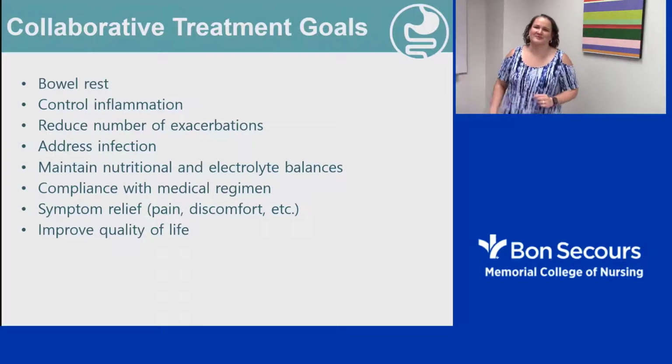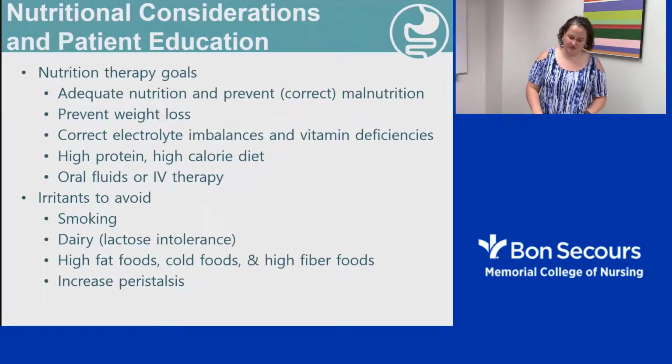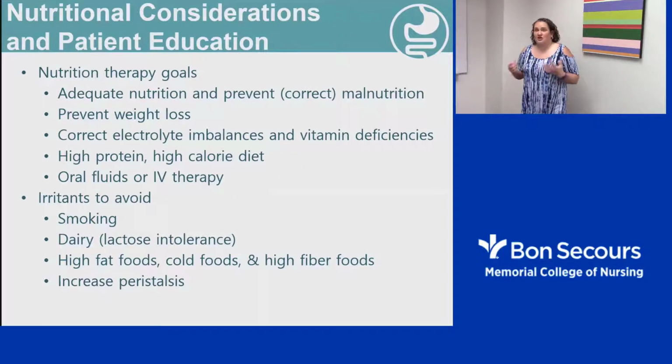Any symptoms, discomfort, pain, nausea, vomiting, we need to take care of those, provide symptom relief, improve quality of life. And that's why sometimes people will go on different types of medications that may have a lot of risk associated with them, but the benefits of the quality of life may outweigh the risk associated with those types of medications.